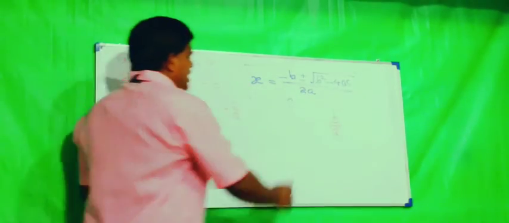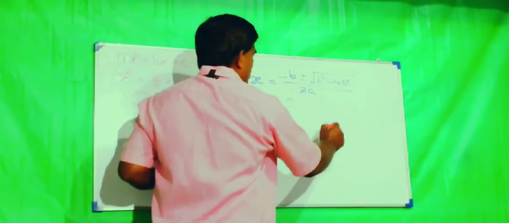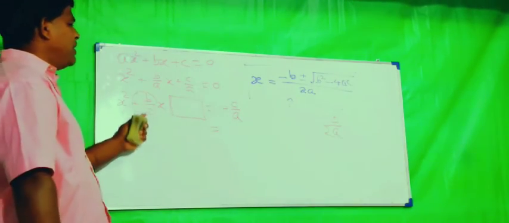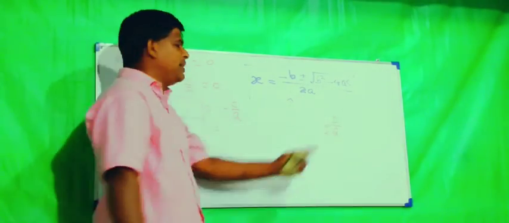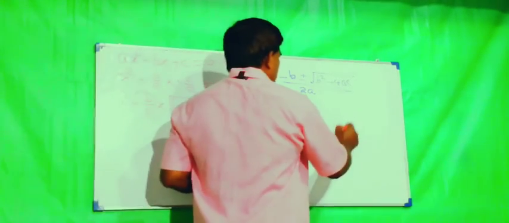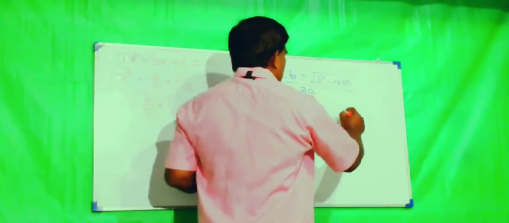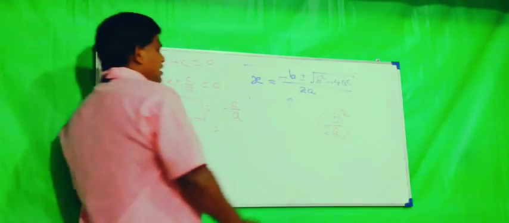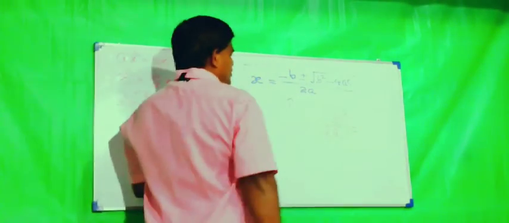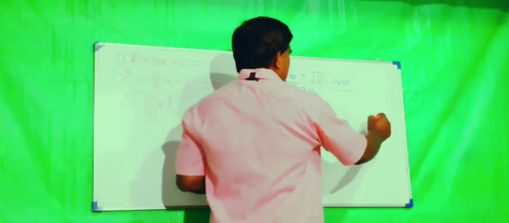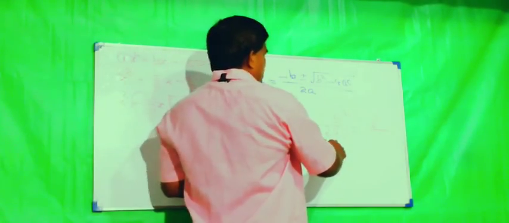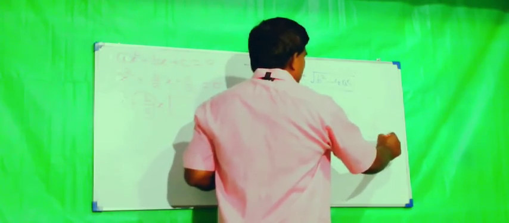Then half of that coefficient is b upon 2a. The normal coefficient is b upon a, half of it is b upon 2a, and then we should take the square of the half of the coefficient. The square of b upon 2a is b squared upon 4a squared, since the square of the denominator is 4a squared.